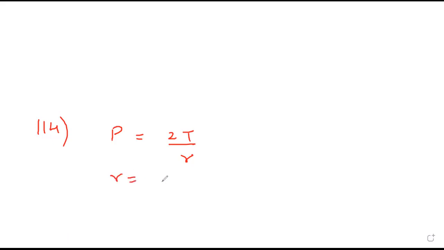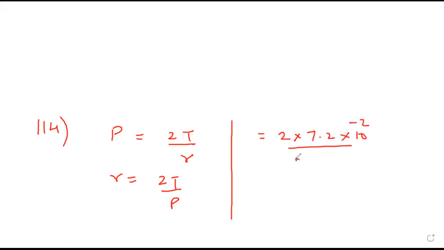So R maximum will be 2T by P. So 2 into T is 7.2 into 10 raised to minus 2, pressure is 2.4 into 10 raised to 3. That gives 3 into 6 into 10 raised to minus 5. So the maximum will be 6 into 10 raised to minus 5. That is option B.